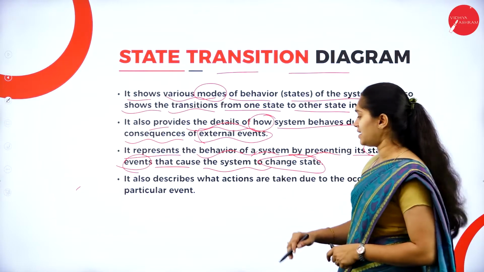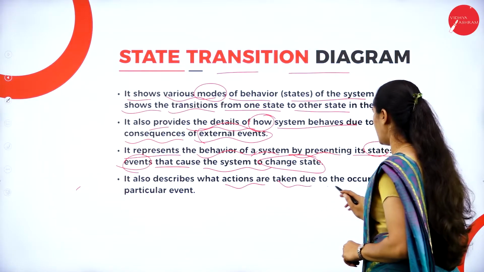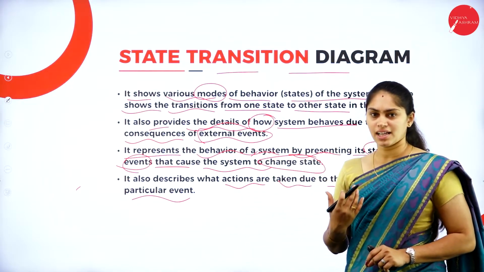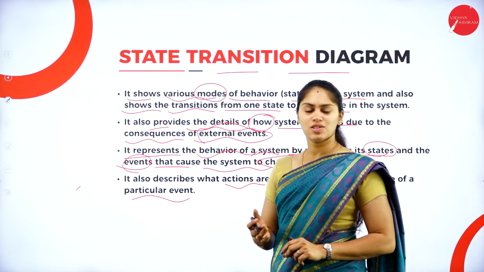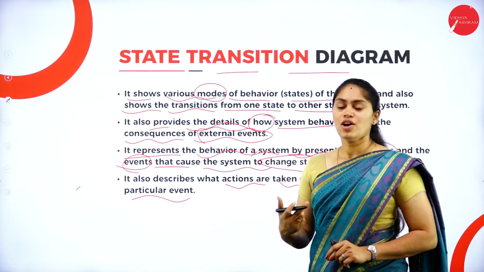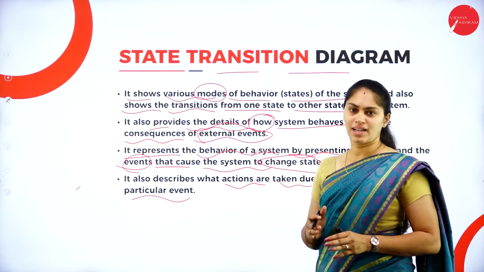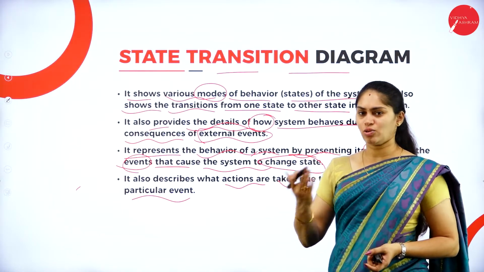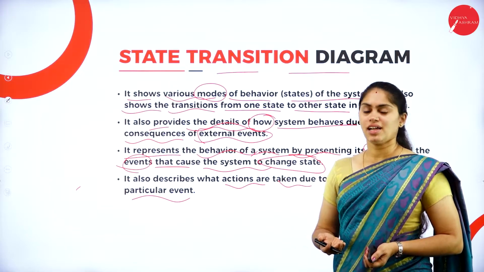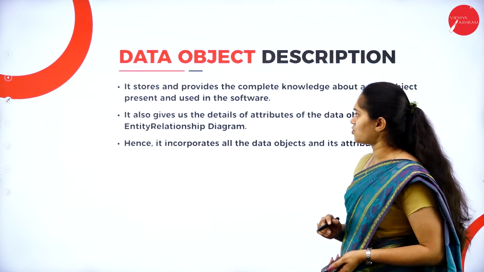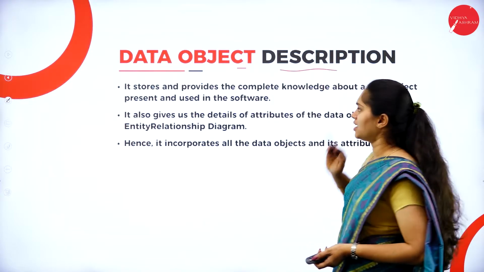It also describes what actions are taken due to the occurrence of a particular event. If a particular event is occurring in the system or software, then what must be the next or further process which has to take place. All those changes of transition from one state to another state will be represented with the help of this state transition diagram.